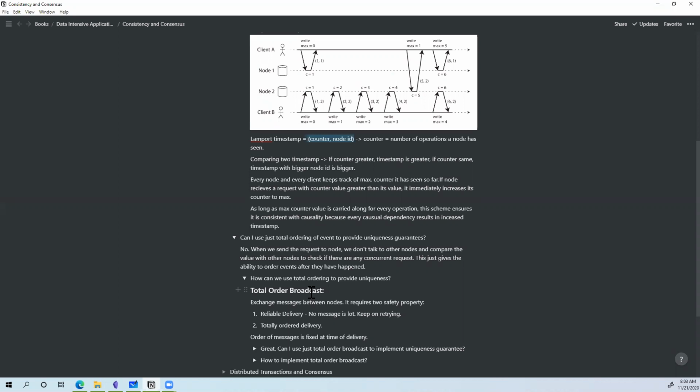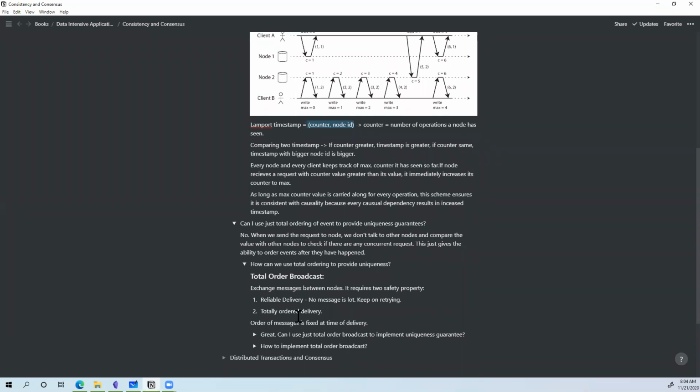That means that no messages are lost. Every node should get the ordering of events. Even if a node is down for some time, the protocol should keep on retrying and reliably deliver the message to all the nodes in the system, right? That is the one safety property expected from total order broadcast.